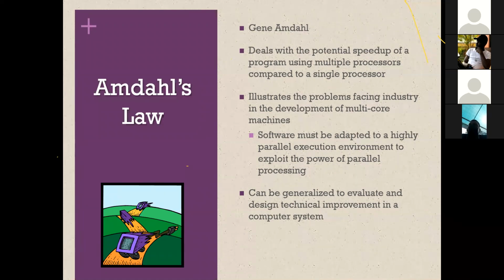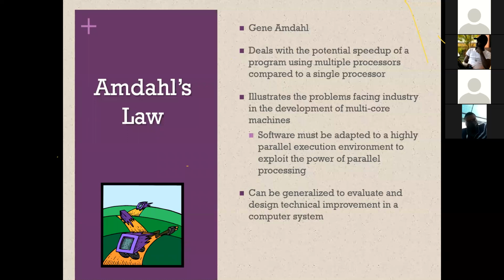And so in all of these cases, it is important to note that a speed up in one aspect of the technology or design does not necessarily result in the corresponding improvement in performance. And this limitation is vividly or succinctly expressed by Amdahl's law.